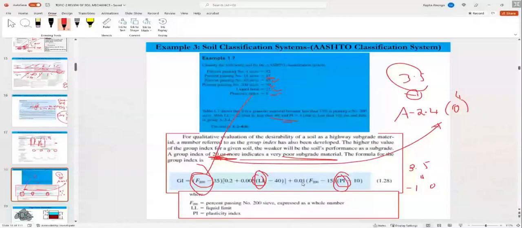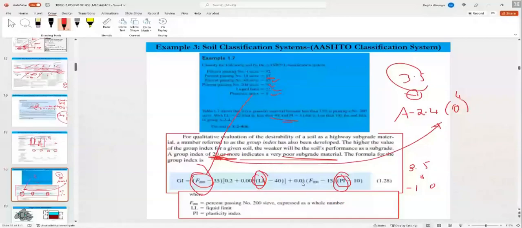Stabilization is to improve its properties. Compaction is densification. So you had mechanical stabilization, which is mixing two soils.